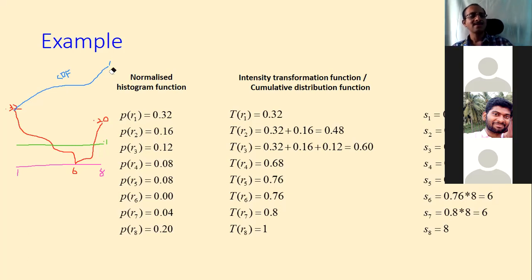The second objective is, see where there are some more pixels. See here, 0.32, 0.16. You see that 8 pixels are at intensity 1, and again say 4 pixels are at intensity 2. So the pixels are more spread in a very small region.